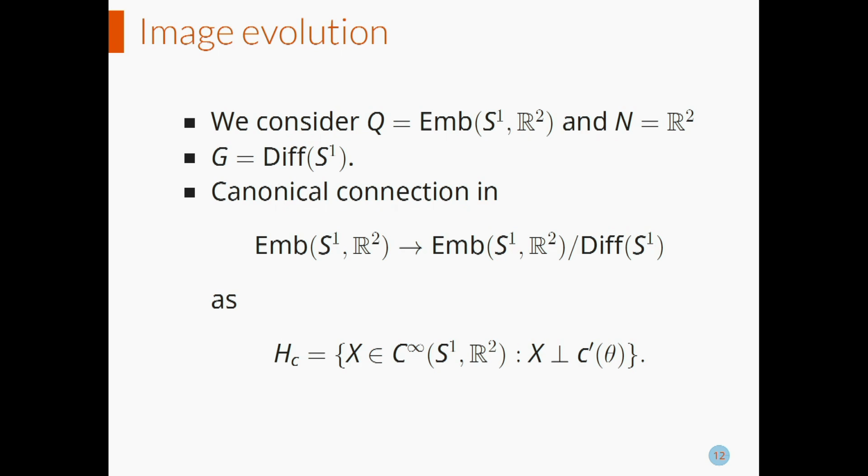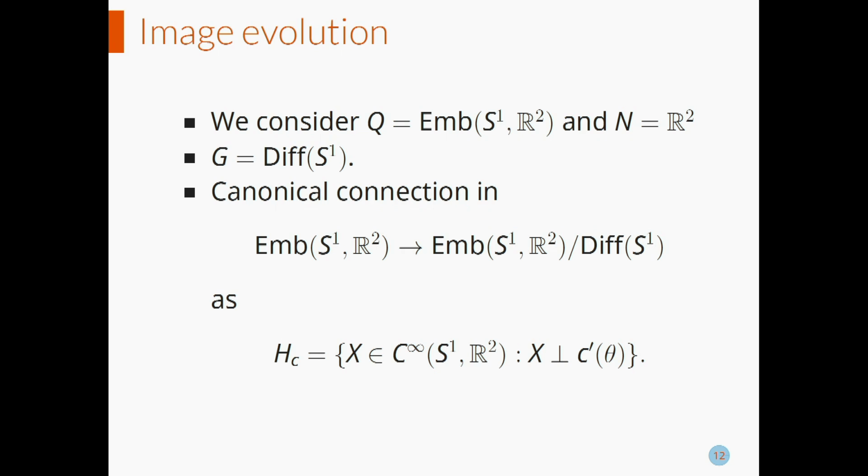One is time, so you are evolving the curve with respect to time. And another parameter is because, for example, you have a family of curves. If you have a tomographic image of your brain with different slices, the parameter of the different slices is one parameter, and the time evolution of each of them is the other parameter.